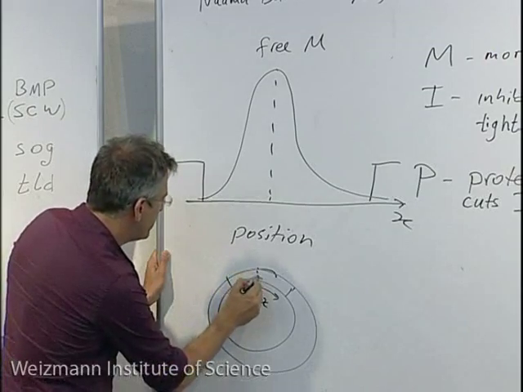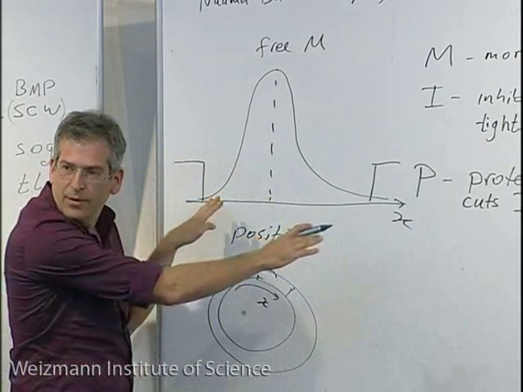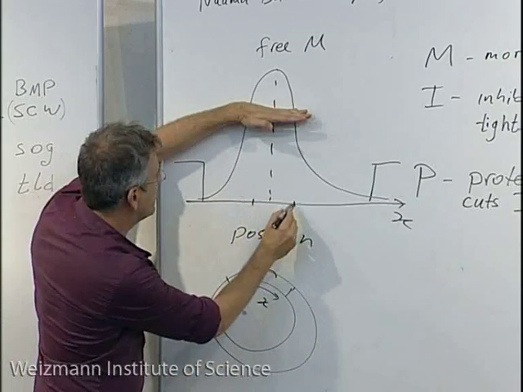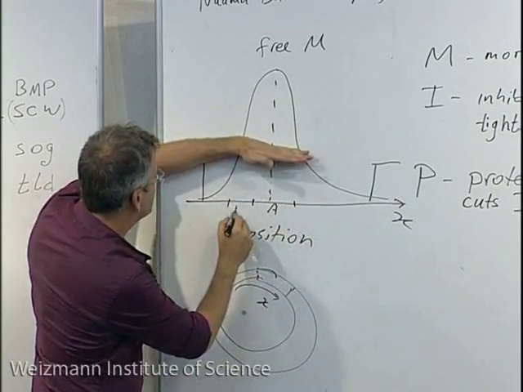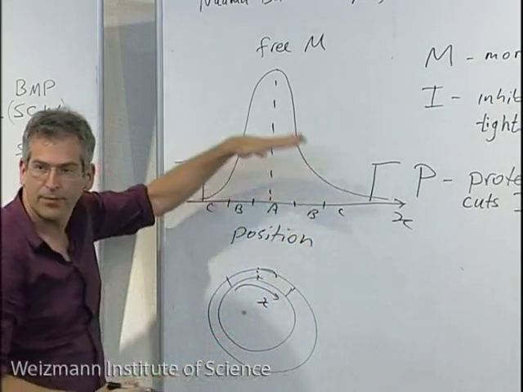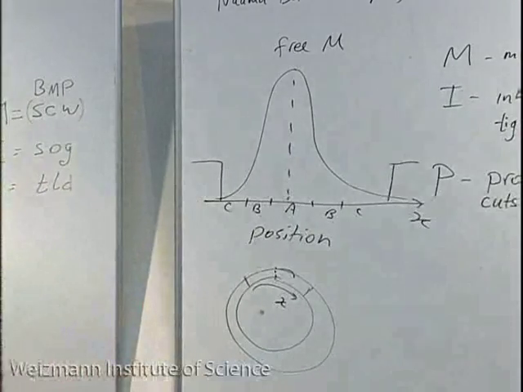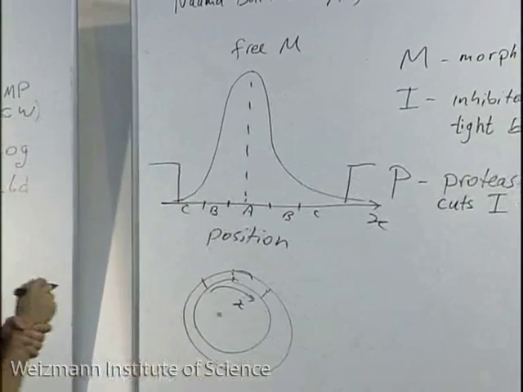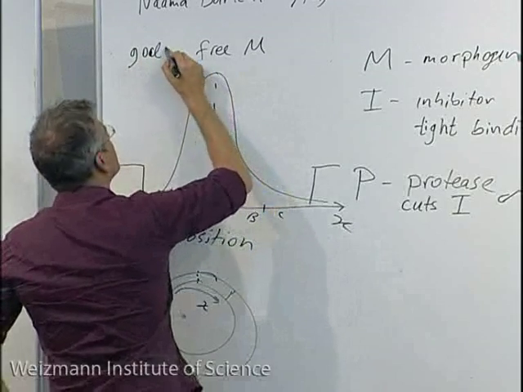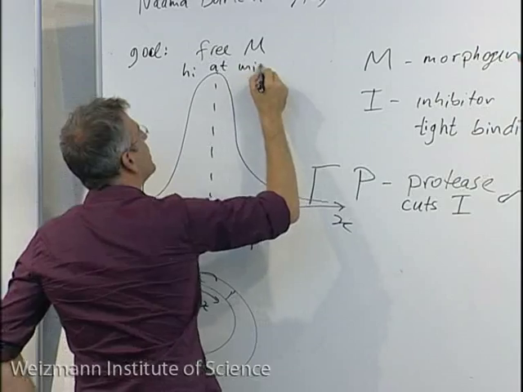If there's a threshold, the patterning should have one section A, another section B, and another section C. That's the way this region is patterned. The goal is free M, which is high at the midline.